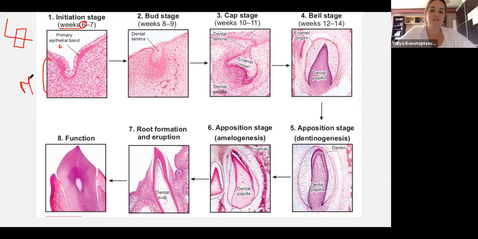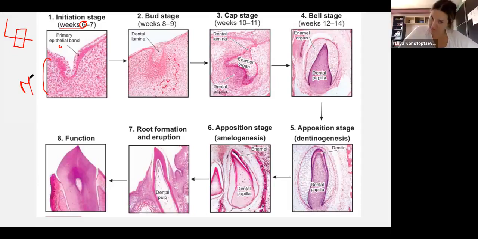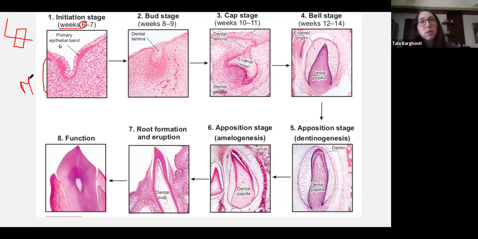How do you call that ossification? Last semester, we learned that there are 2 types of ossification. How do you call it when mesenchyme becomes bone? Which 2 ossification processes do you know? Endochondral, this is one, and another? Intramembranous.